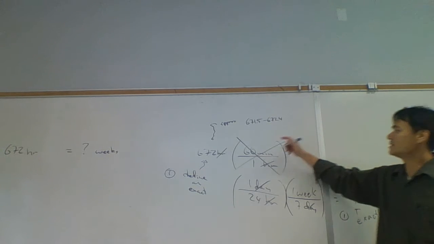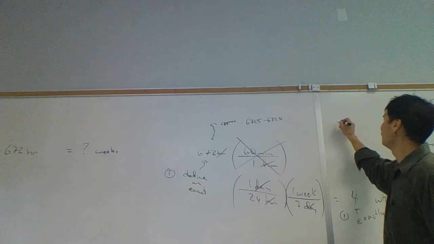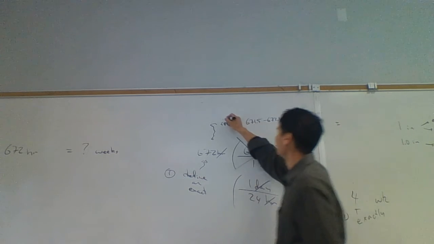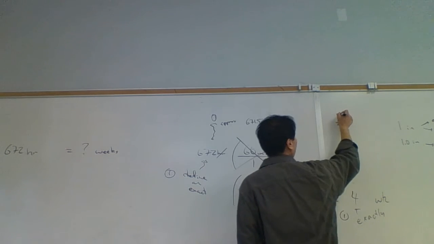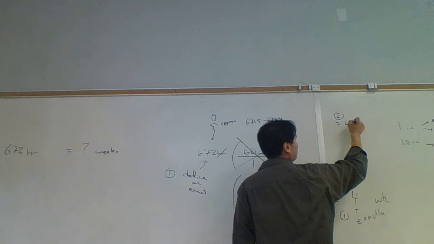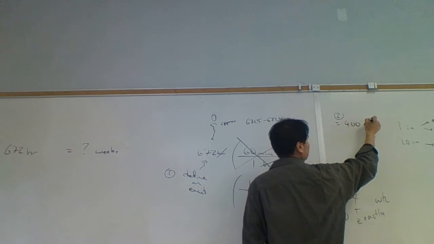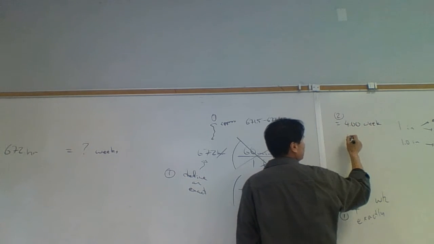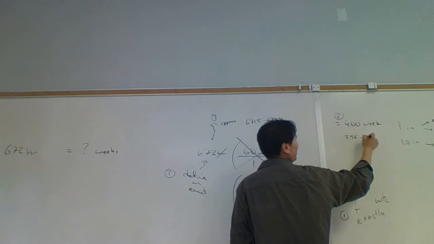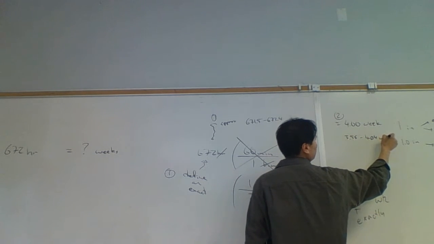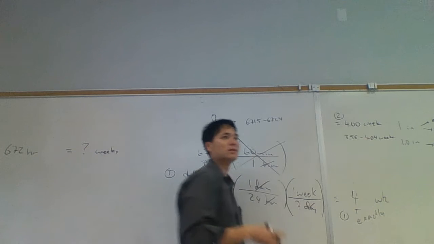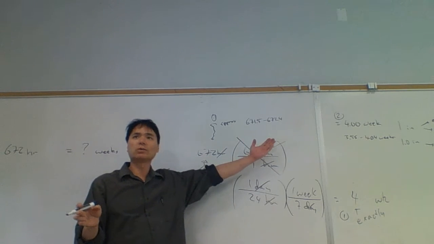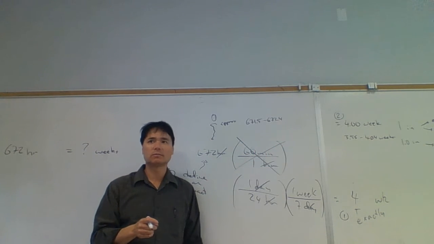This is 3 sig figs, therefore the weeks are going to look different. If that's approximate, our answer would be 4.00 weeks, which means that this could range from 3.95 up to 4.04 weeks. Because of the wiggle room here, there's going to be wiggle room in our answer. Does that make sense?